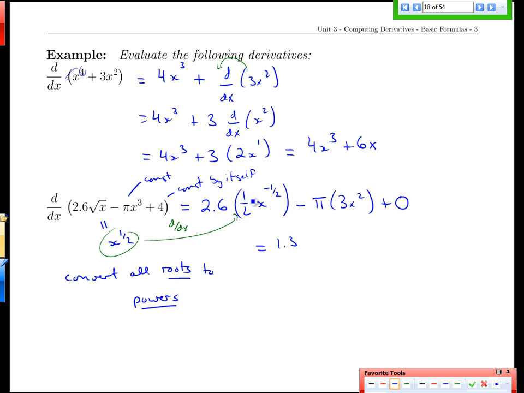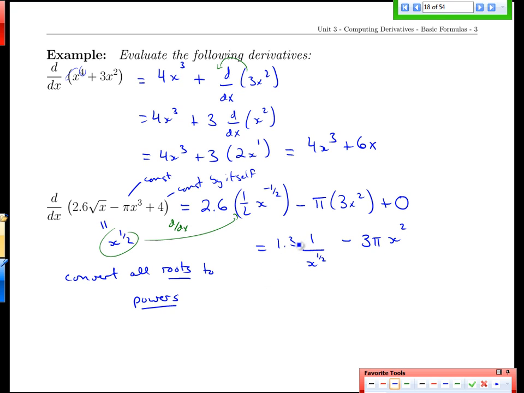And for our own notational practice, it's good to recognize that x to the negative 1/2, there's a few ways we could write that. We could write that as 1 over x to the 1/2, remembering that negative powers are reciprocals, 1 overs. And we'd usually put the 3 before the pi.